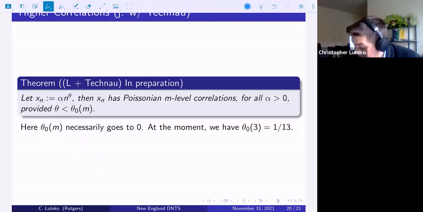I can tell you that for the triple correlation, we can get this up to 1 over 13. I think with some extra work, we can get that all the way up to 1 over 11. And I'm sure somebody could do better. But that's where we are.